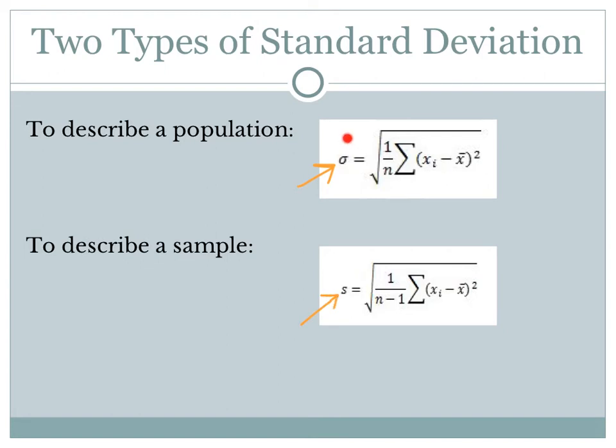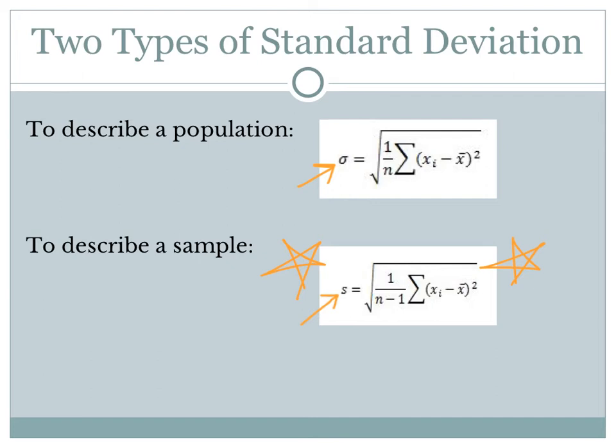This first one here is a lowercase sigma, and then we've already mentioned that S is used for standard deviation. I'm going to just put a star next to this one that describes the sample because it really is the version of the standard deviation that we will use most often.